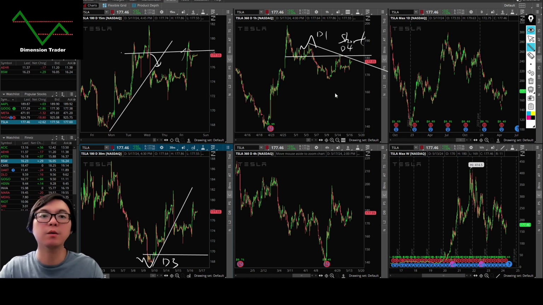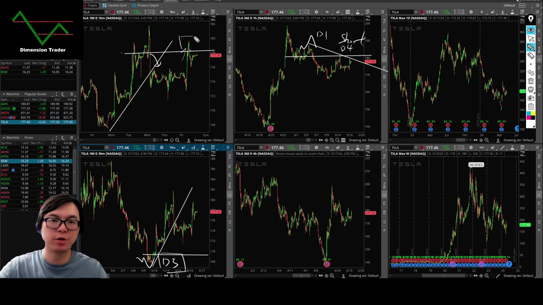How about the midterm? For the midterm, our bottom is dimension 3 right here. If the rejection happens strongly right here, we can aim our target all the way down here.